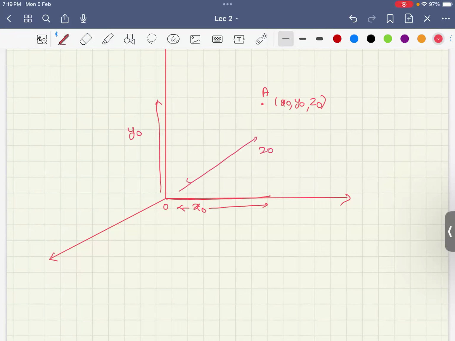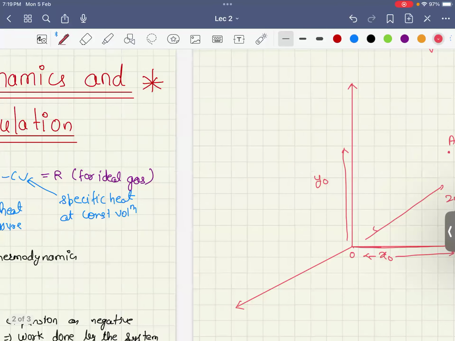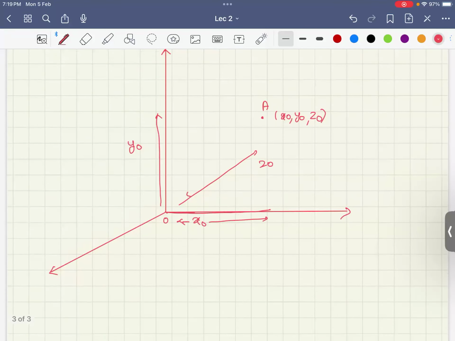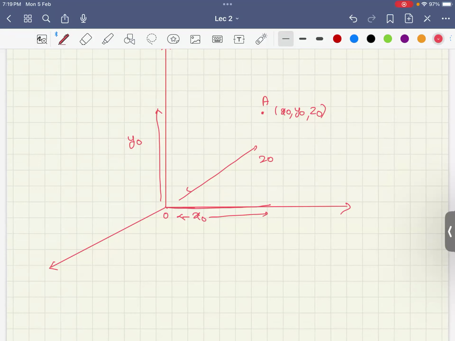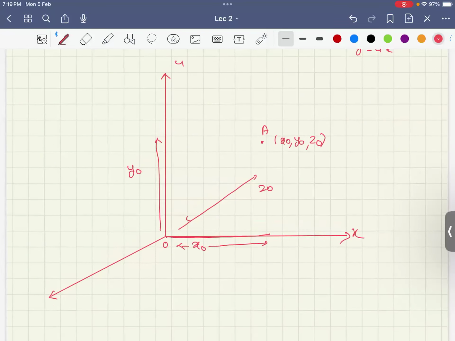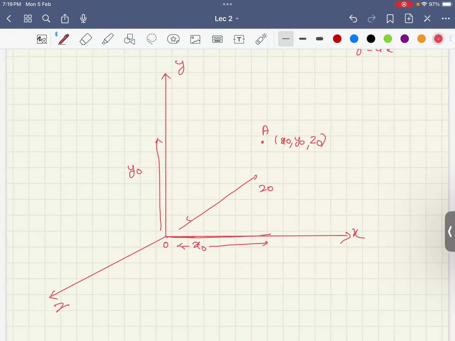Basically, I am going to have the projection of this point upon the xy plane.